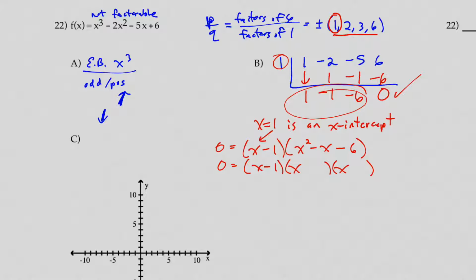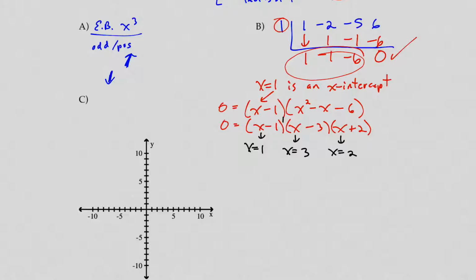And factors of negative 6 that add to negative 1 would be negative 3, positive 2. So there's your 1 that we already found from the synthetic division and testing out possible zeros. And this one's going to be now 3, and this one's going to be negative 2.